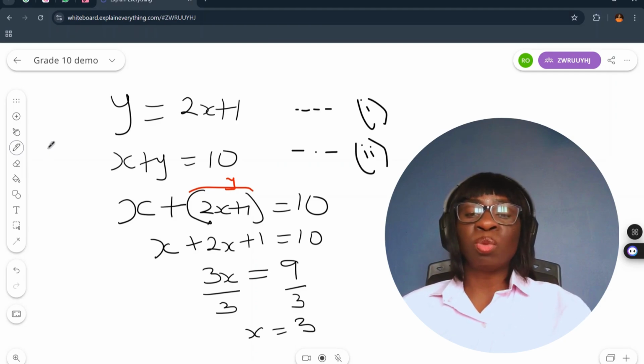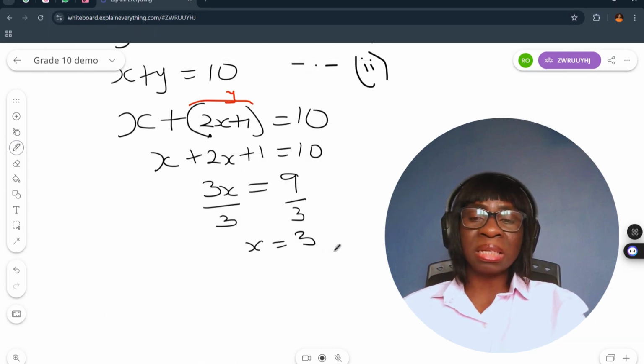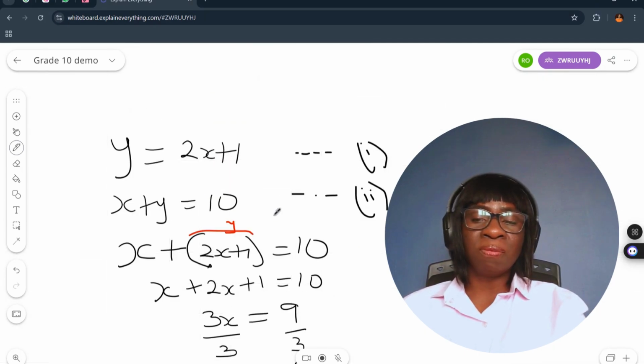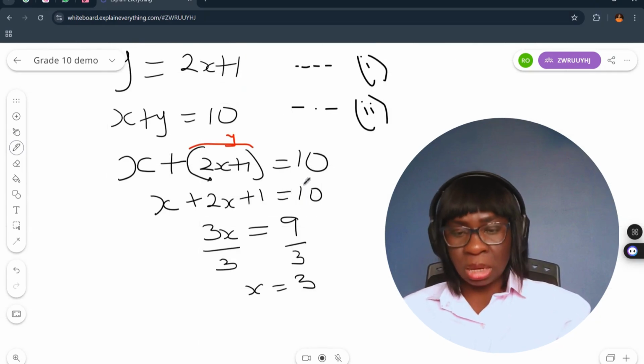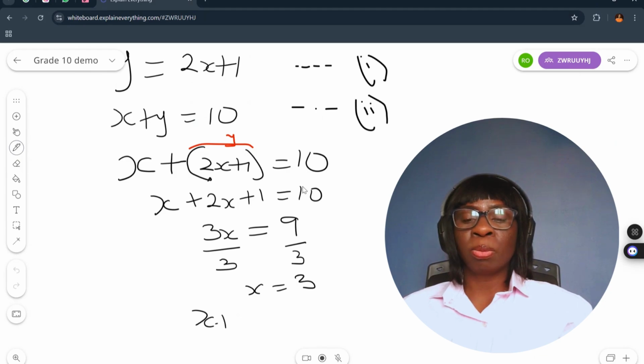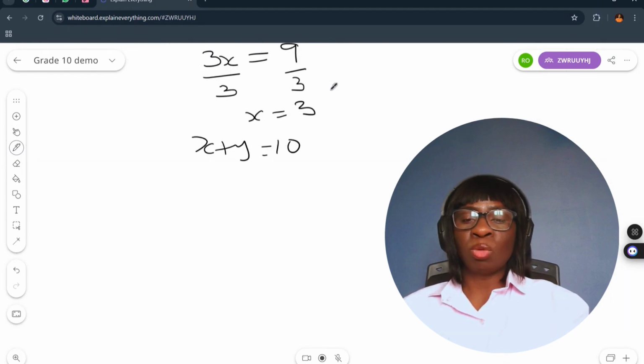Now, don't forget that we are to solve for both variables. We have solved for x equals 3. Now we put the value of x in any of these equations. Let's use equation 2. Equation 2 says x plus y equals 10. So we put x equals 3. Wherever we see x, we put 3.